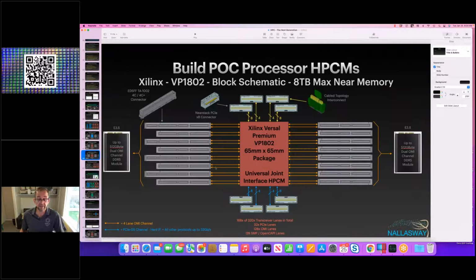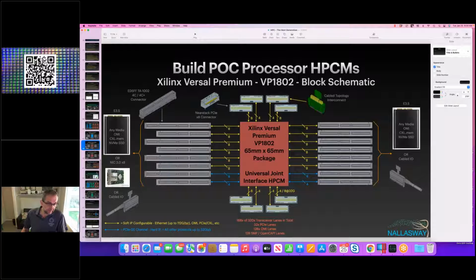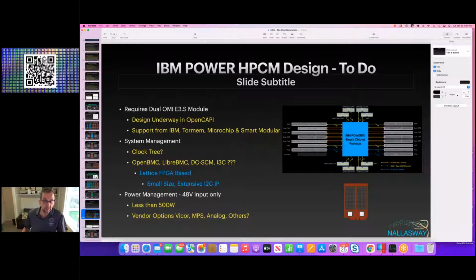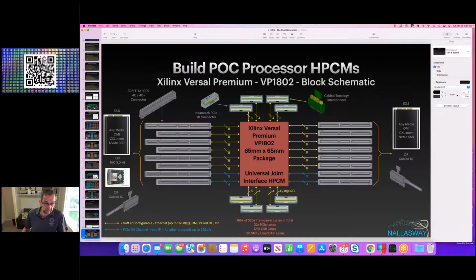But then that would necessitate really putting the PCI onto the near stack connectors, which are topology connectors. And that would stop you from being able to plug in NVMe drives or things like that into this. So I'm sort of thinking that we might want to go with this topology. That's where my head's going, and sacrifice a couple of potential memory channels, or we may be able to jig things around to still support that. So this is the one we're going for.